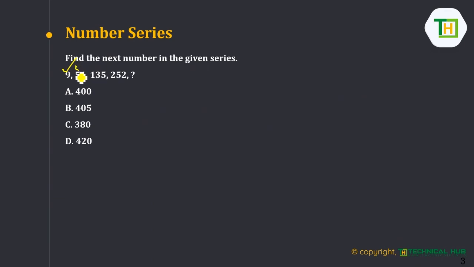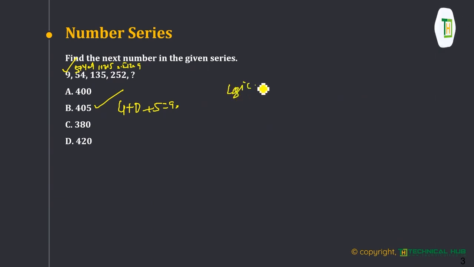The second case, 54: 5 plus 4, sum of the digits is 9. 1 plus 3 plus 5, sum of the digits is 9. 252: 2 plus 5 plus 2, sum of the digits is 9. In the options, 4 plus 0 plus 5 is 9, so B is the correct answer. The logic is that the sum of the digits is 9.